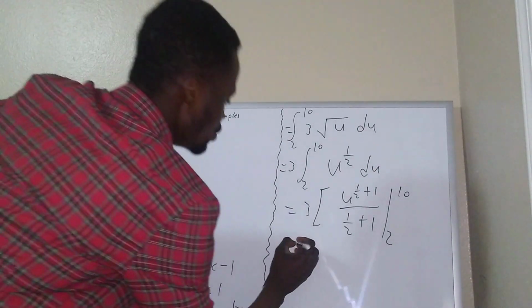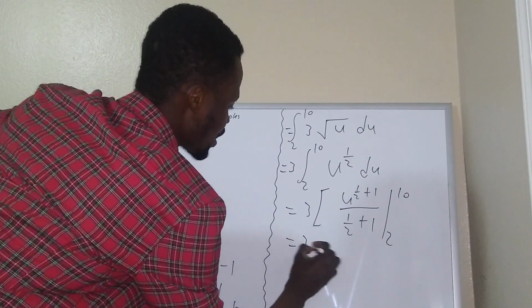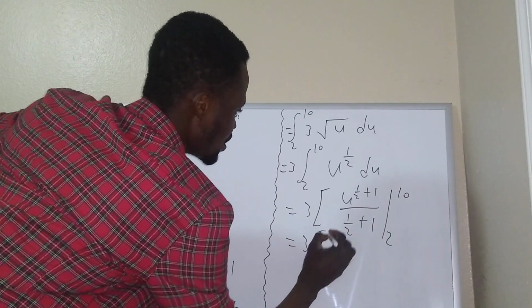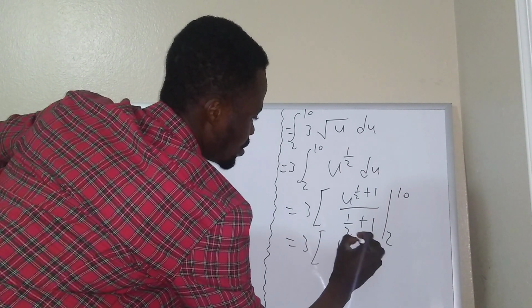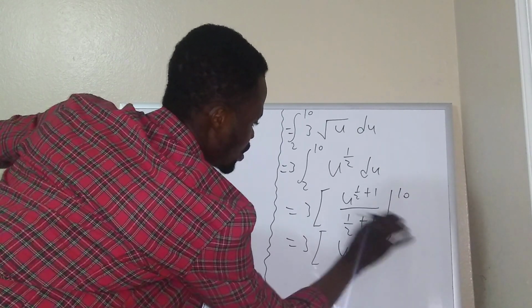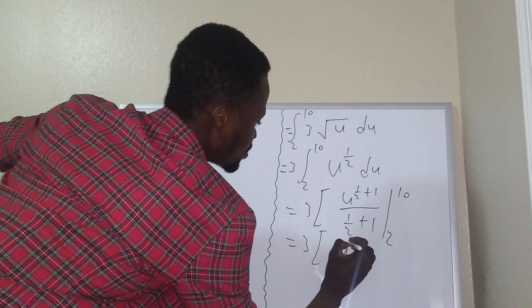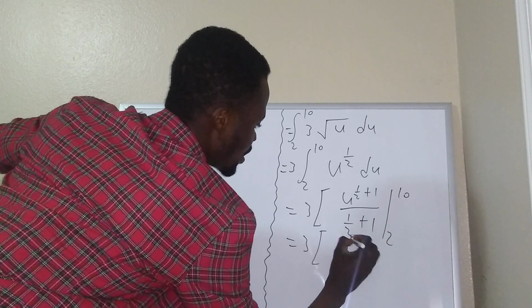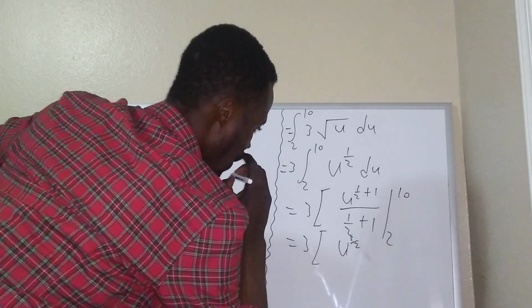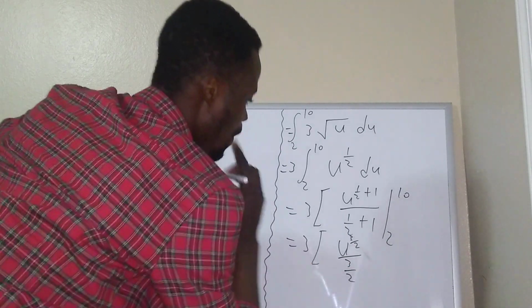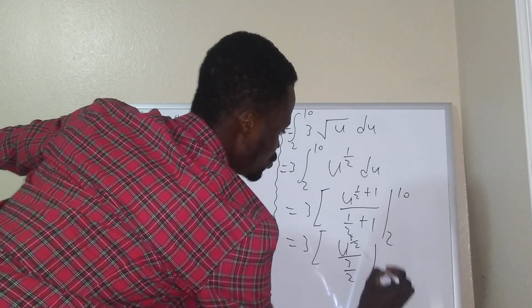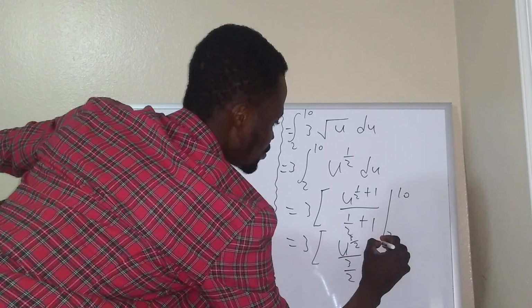Okay. So here we are going to get 3, then u exponent 3 on 2. Let me write it. 3 on 2. Then the other one is 3 on 2, from 2 to 10.